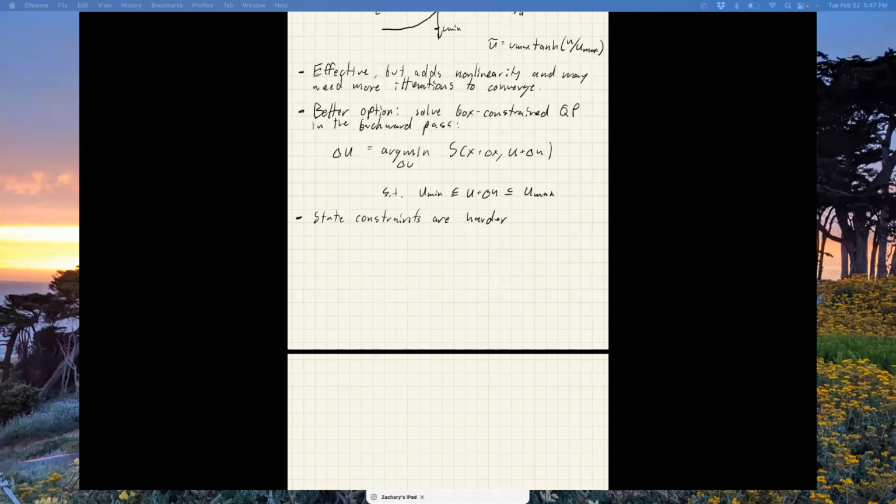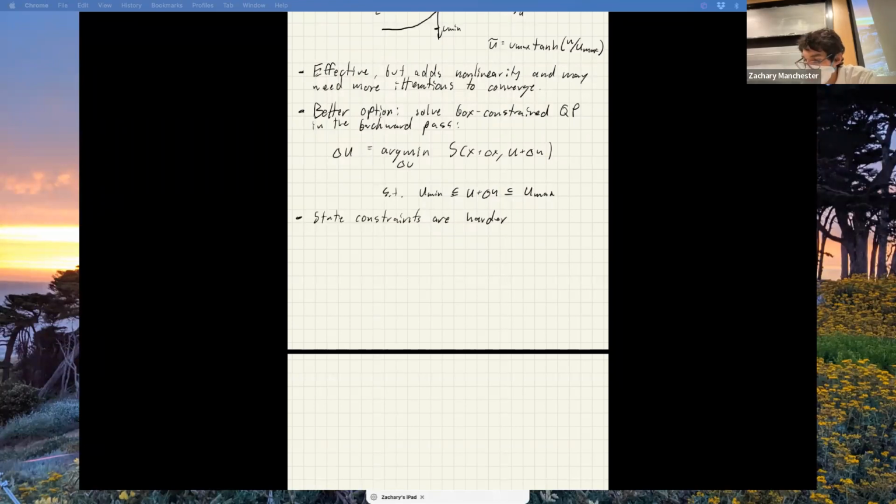Okay, so state constraints. State constraints you'll often see done with penalties. So you just throw a penalty in the cost function that penalizes state constraint violations.